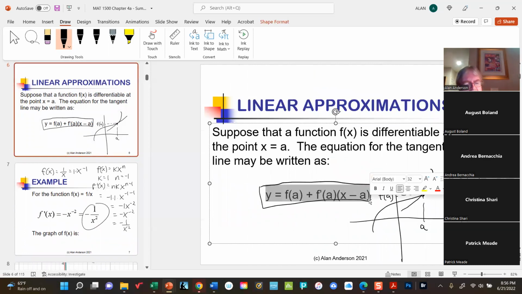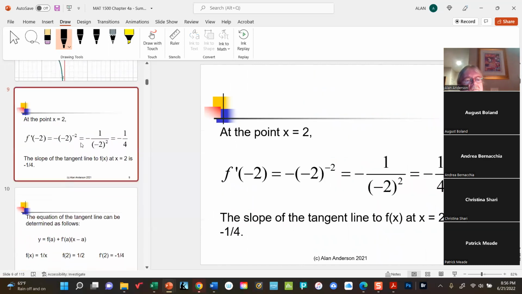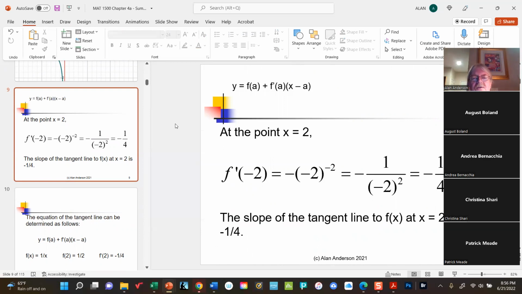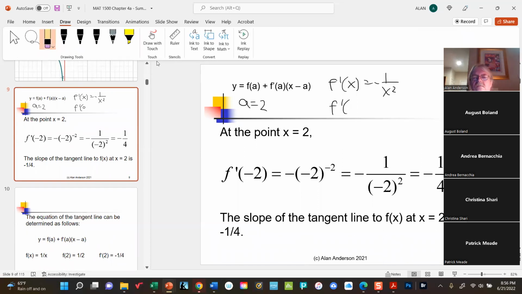This is what we're aiming for. So if we're looking for x equals 2, a is 2. Since the derivative is negative 1 over x squared, f prime of a, or 2, is negative 1 over 2 squared, negative a quarter.